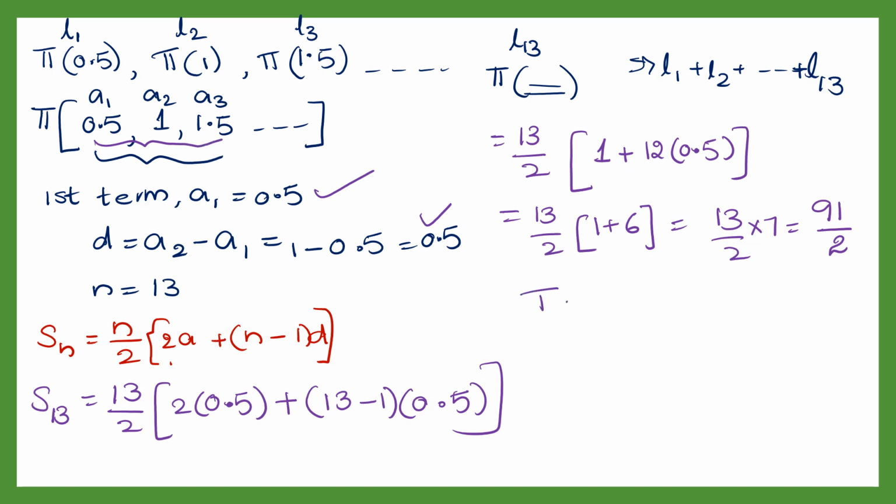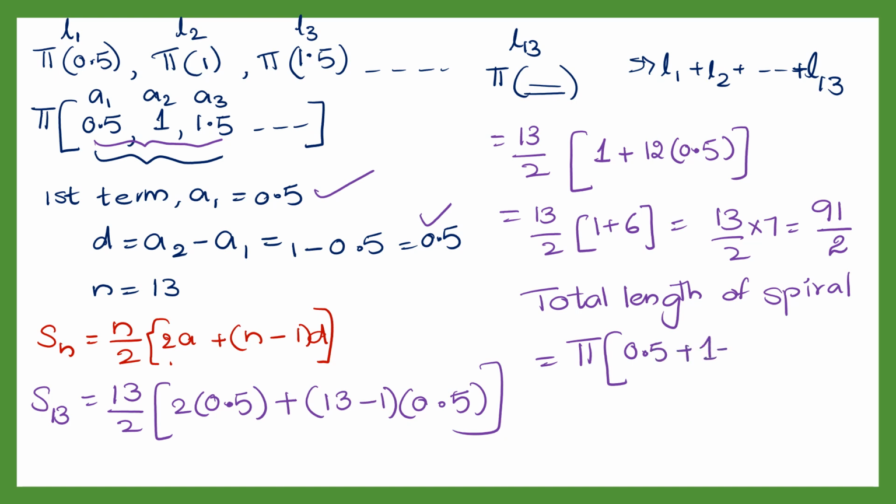We need the total length of the spiral. That means pi into 0.5 plus 1 plus 1.5 and so on till the 13th term, which we got as 91 by 2.